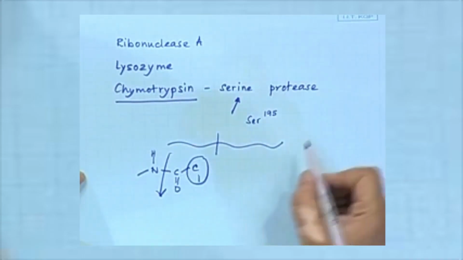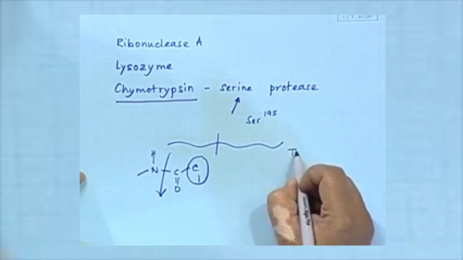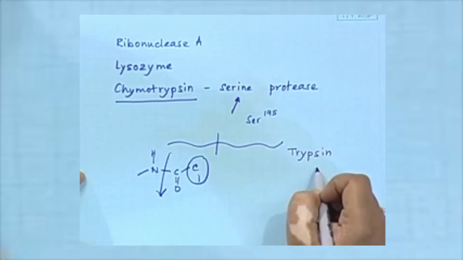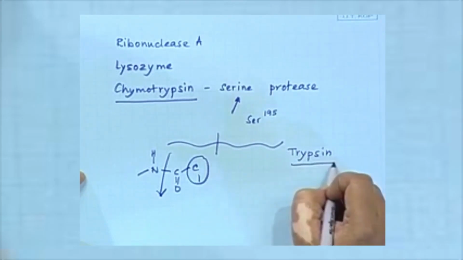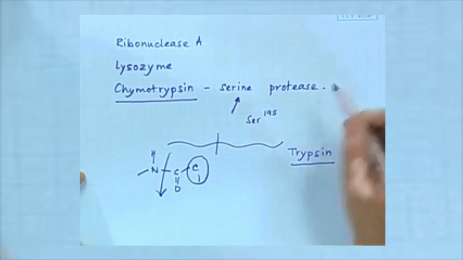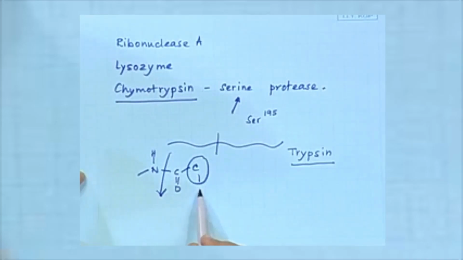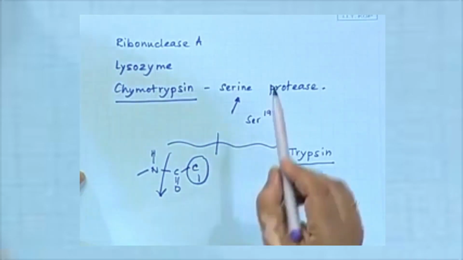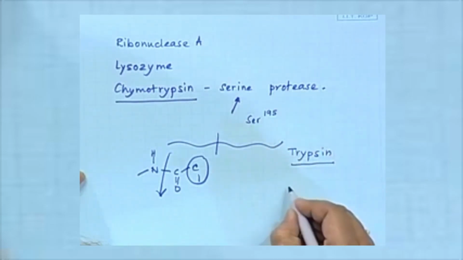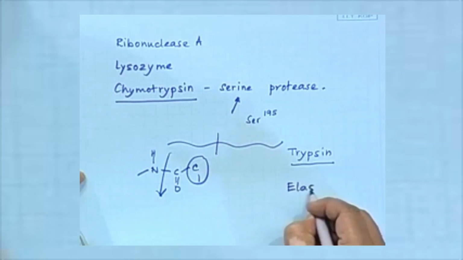When we have trypsin, it is also a serine protease, but it will cleave only if this is lysine or arginine. We have elastase, which is also a serine protease, and it will cleave after valine and threonine.